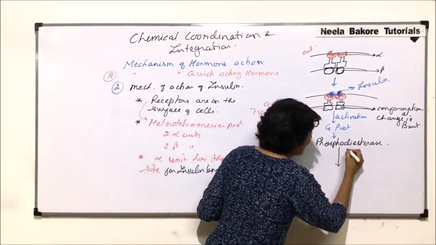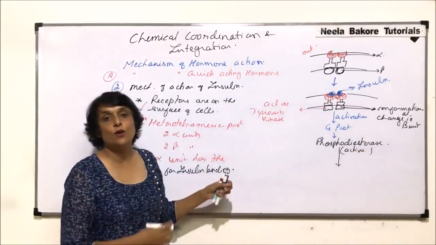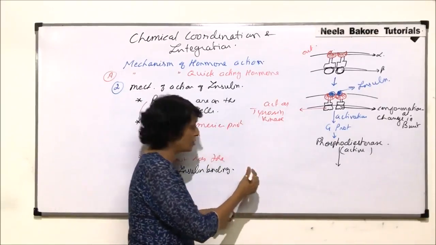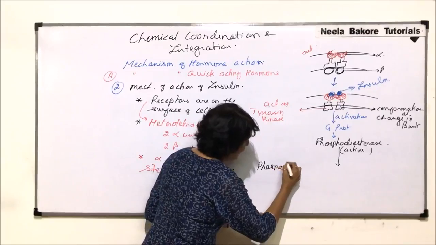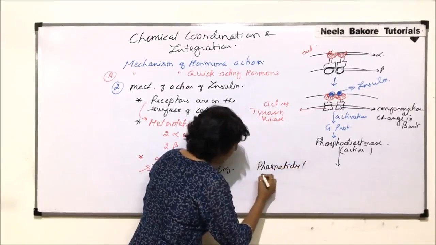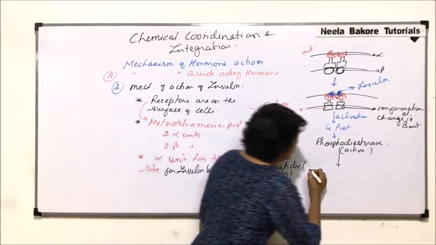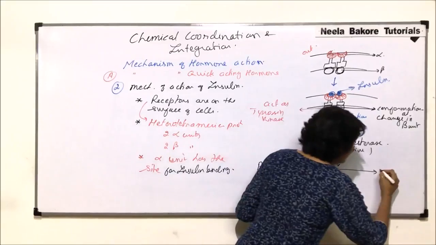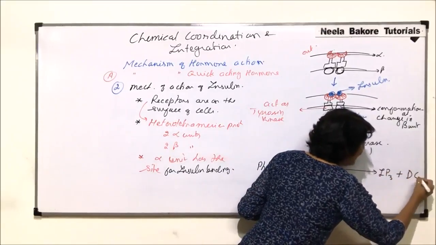Now this active phosphodiesterase is going to help in one more reaction. The reaction is conversion of a substance, phosphatidyl inositol, into two substances or two components. One is known as IP3 and the other is known as DG.